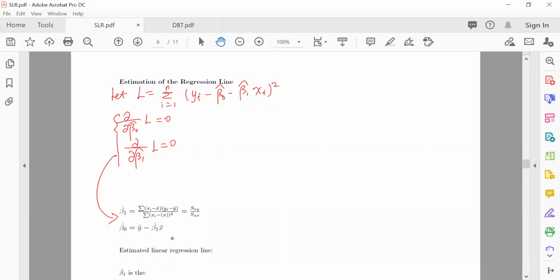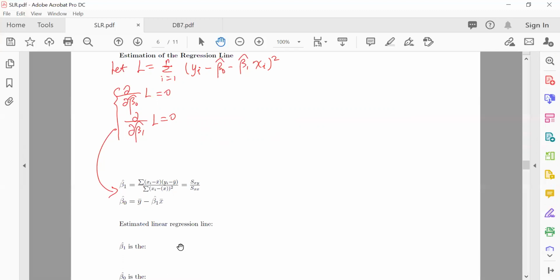This is beta 1 hat. It's going to be like this. The numerator we denote by Sxy, and the denominator we denote by Sxx. And this is beta 0 hat. This is y bar minus beta 1 hat times x bar.